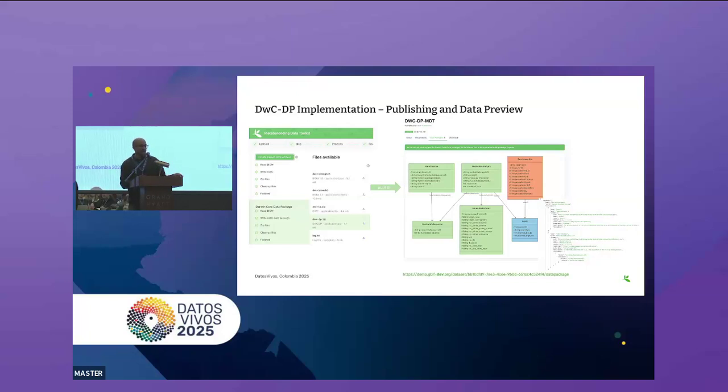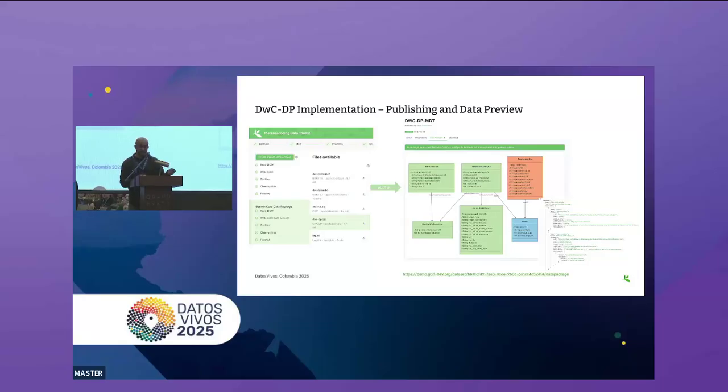In this case, I'm skipping all the registration steps in the middle, but the Darwin Core data package is being registered in the GBIF platform. And then we can see here a basic graphical representation of how the dataset is organized in terms of tables, the fields inside the tables, and the relationships between the tables. That's basically a graphical view of the data package descriptor of that specific data package.